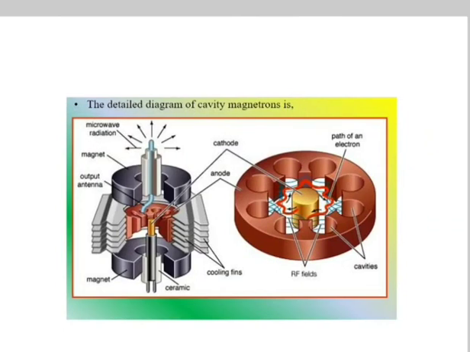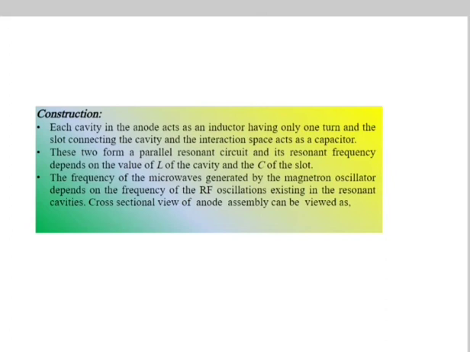Here the detailed diagram of the cavity magnetron is shown. It consists of a cooling fan, ceramic magnet, output antenna and so on. Each cavity in the anode acts as an inductor having only one turn, and the slot connecting the cavity and the interaction space acts as a capacitor.